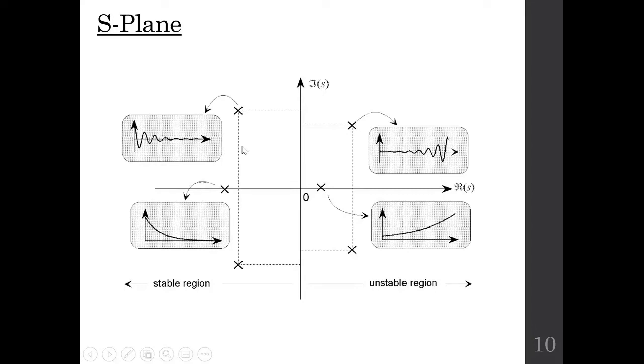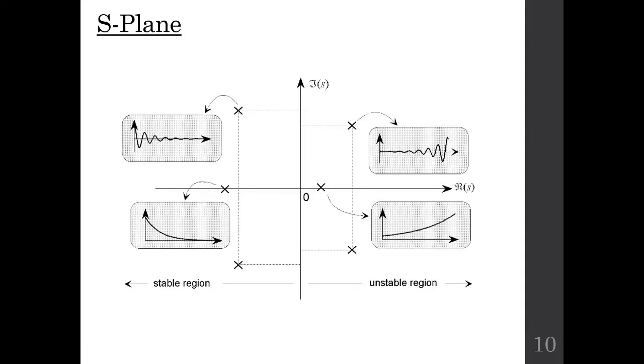Let us say for example you are dealing with an underdamped system having two equal and opposite poles. One pole is here and the other pole is here.